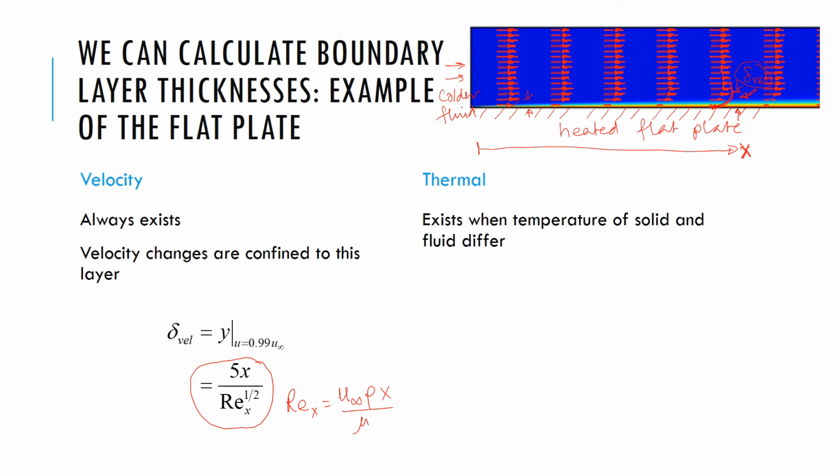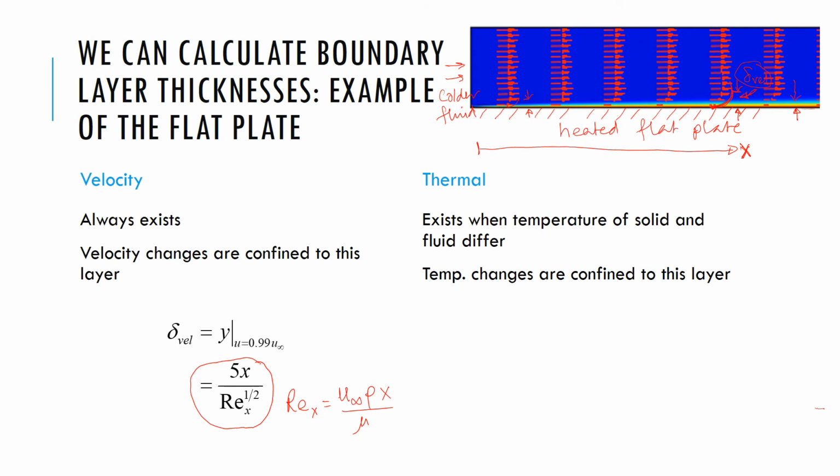So the thermal boundary layer, in contrast, doesn't always exist. If the fluid were at the same temperature as the heated surface, then there is no discussion of a thermal boundary layer. It's all at the same temperature. When there is a temperature difference, then the temperature change happens over this distance.